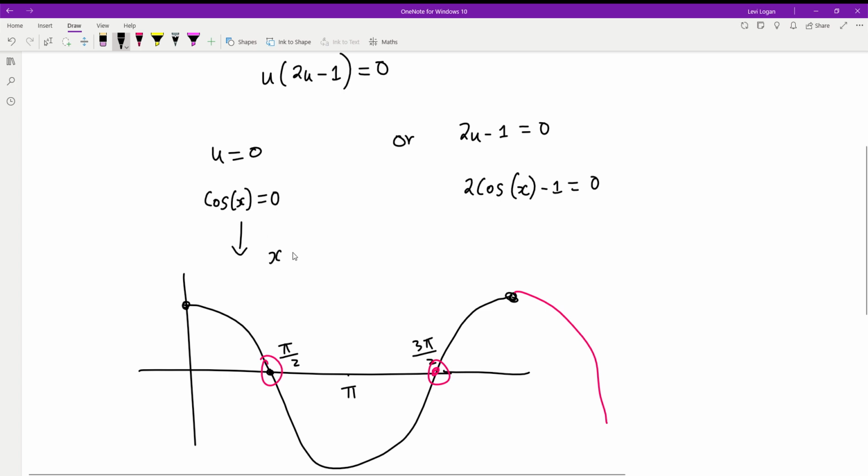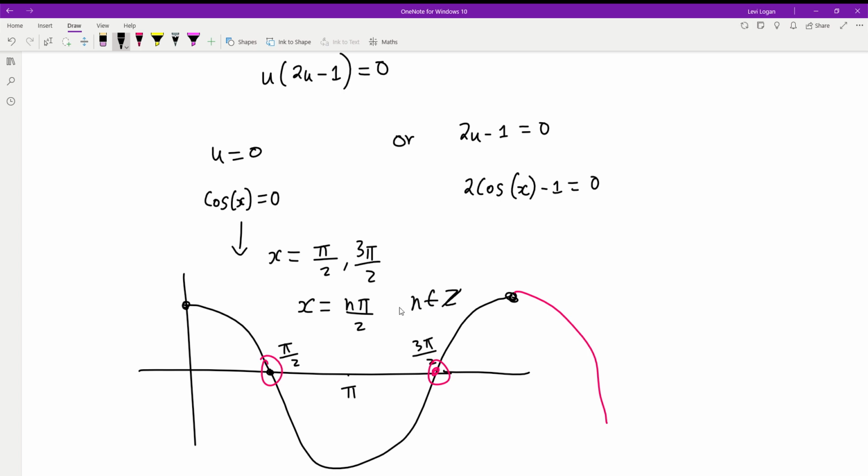So the general solution for this will be like pi on 2, 3 pi on 2, etc., and the negative ones as well. So a general way to express this is n pi on 2, where n is a discrete integer. Okay. So if you put in n equals 1, it'll give you that solution.